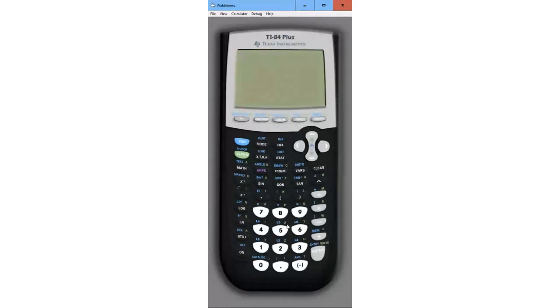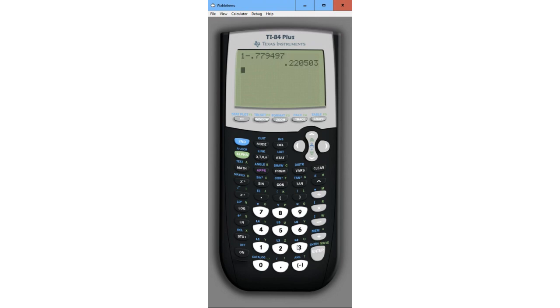So it's 1 minus 0.77. I'm not going to make the mistake. All right.